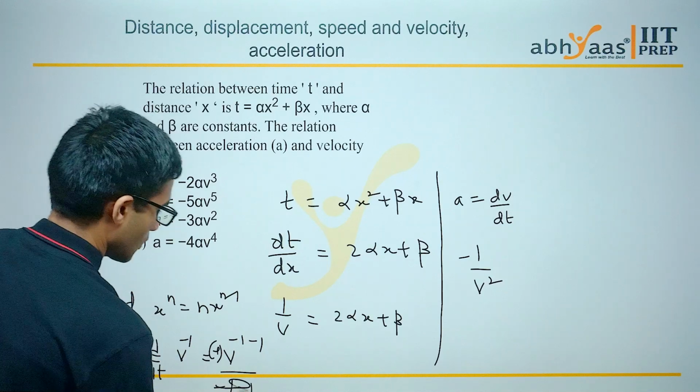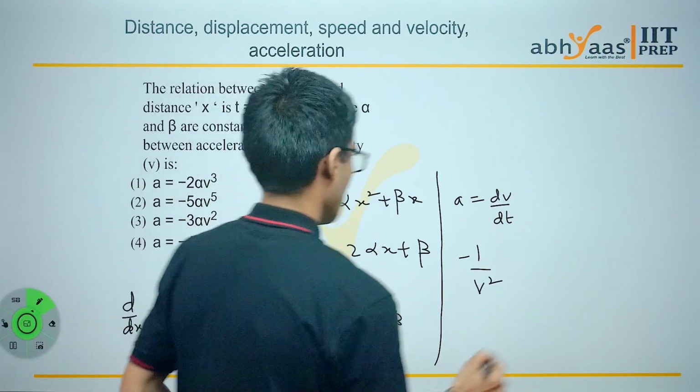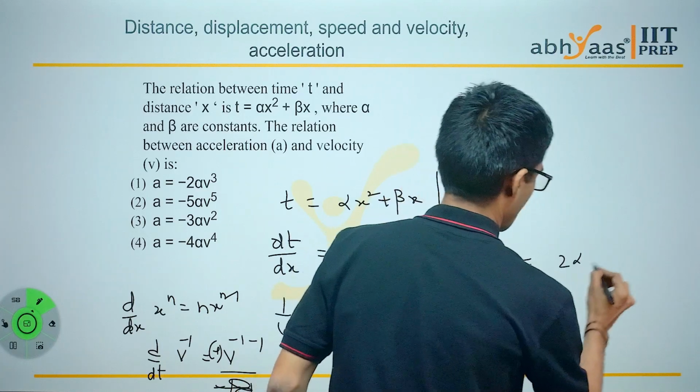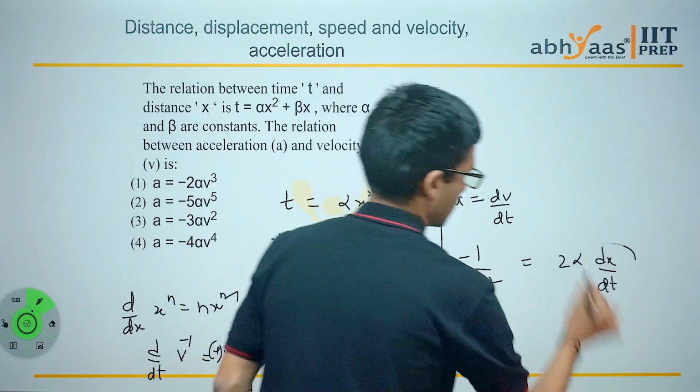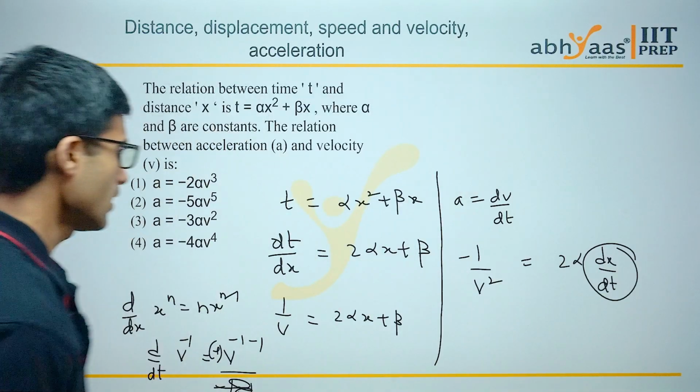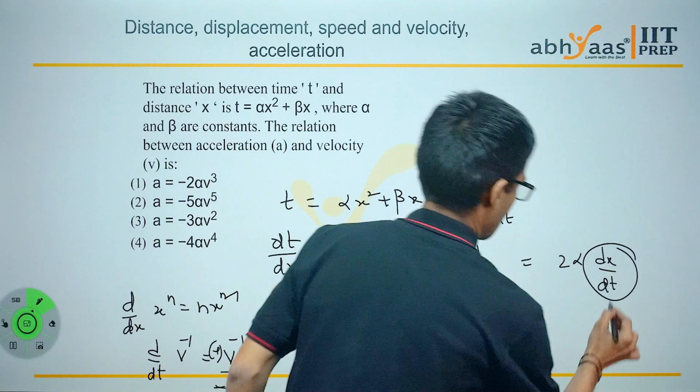Correct. Minus 1 into v power minus 2, that is directly I am writing, v power minus 2 dv by dt is equal to 2 alpha dx by dt. So what is dx by dt? Again, velocity.